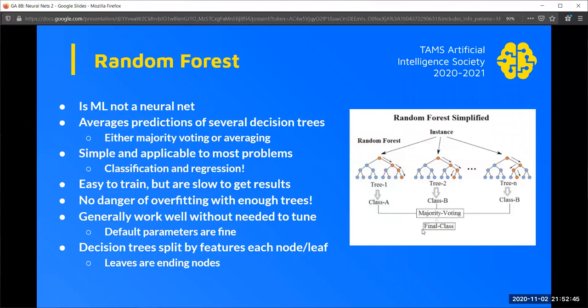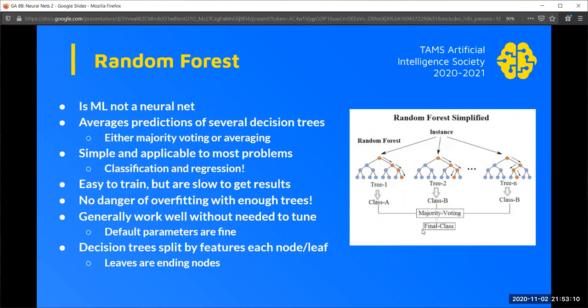They're like, okay, I think this is nice. Or maybe somebody else would say, no, I hate it, TAMS bad. And that would be another prediction. You average that in with whatever else. And there's also the good thing about this: there's no danger of overfitting if you have enough trees. I mean, if you have like two trees, you're overfitting to those two people.